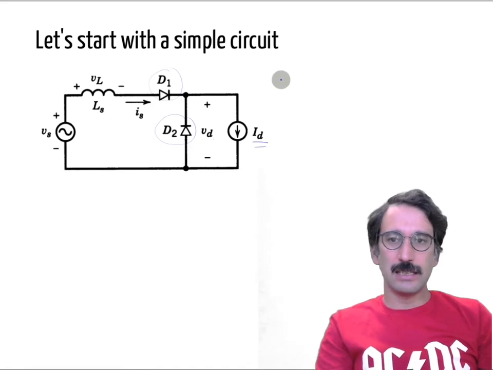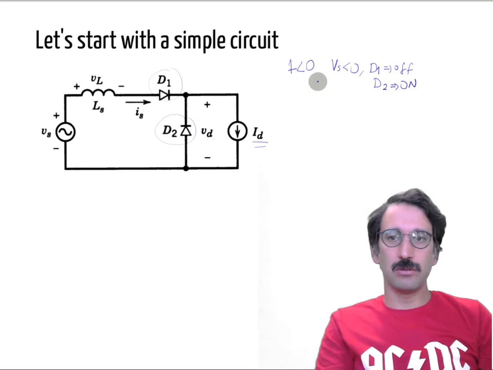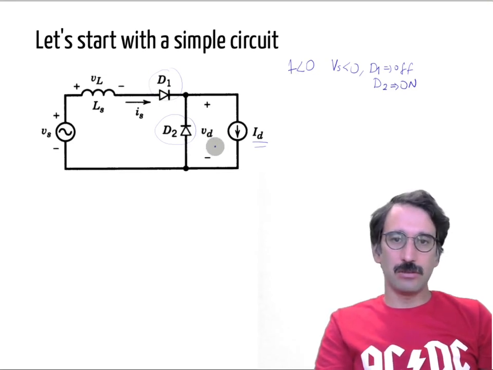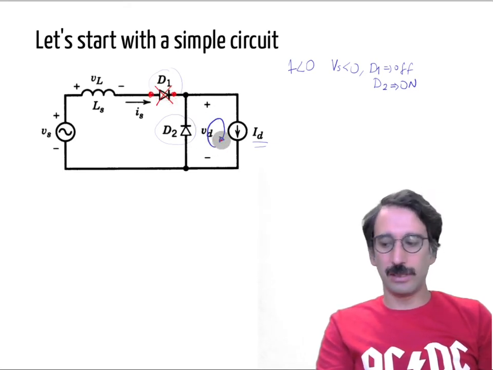Let's say at t smaller than 0, Vs is smaller than 0, so D1 is off and D2 is on. So at the initial condition all the current is flowing through D2, and D1 is off. Let me draw it like that. All the current is flowing like that.